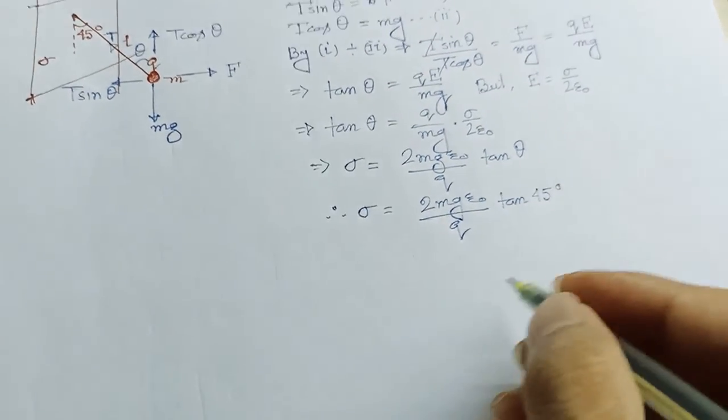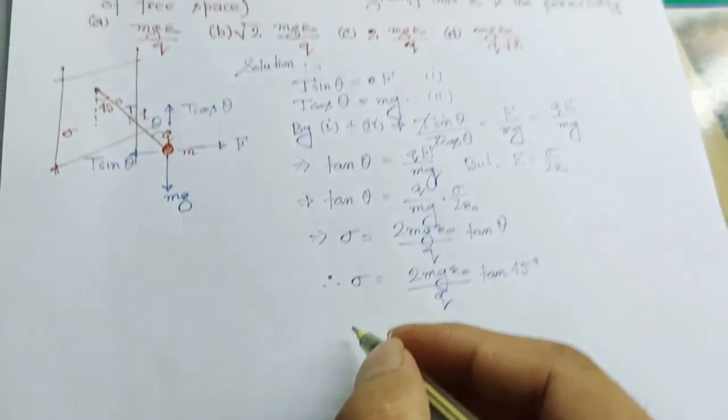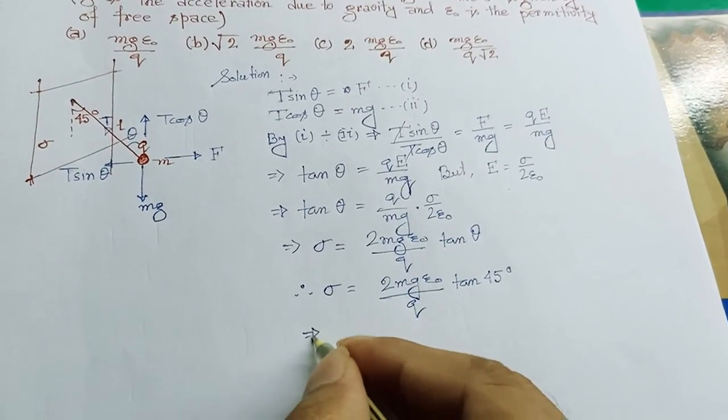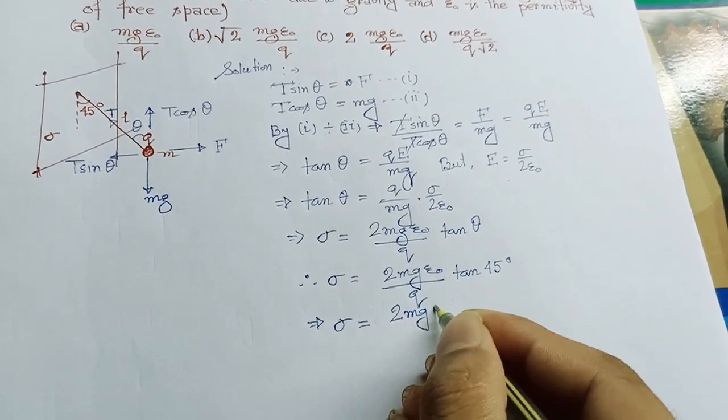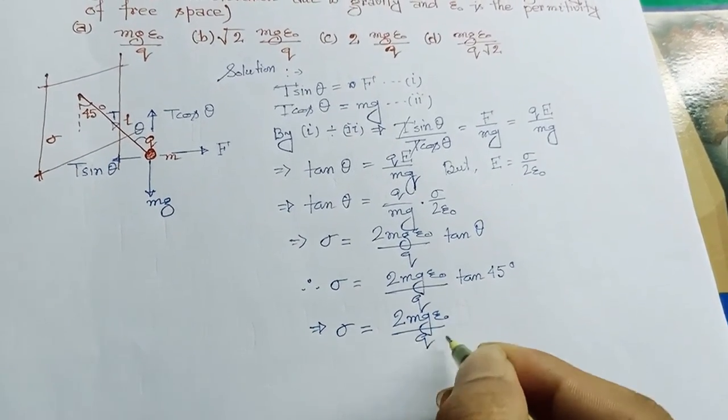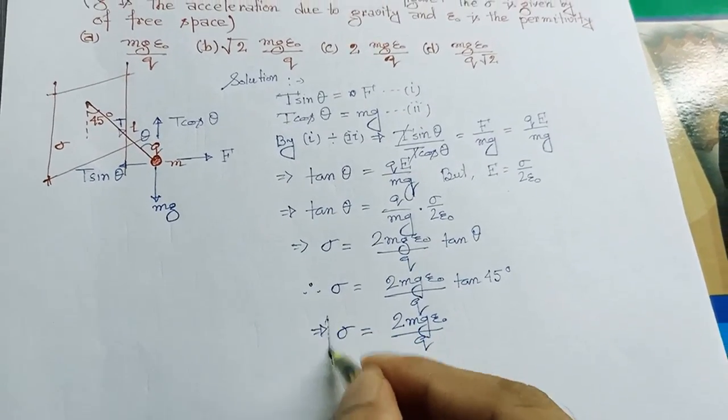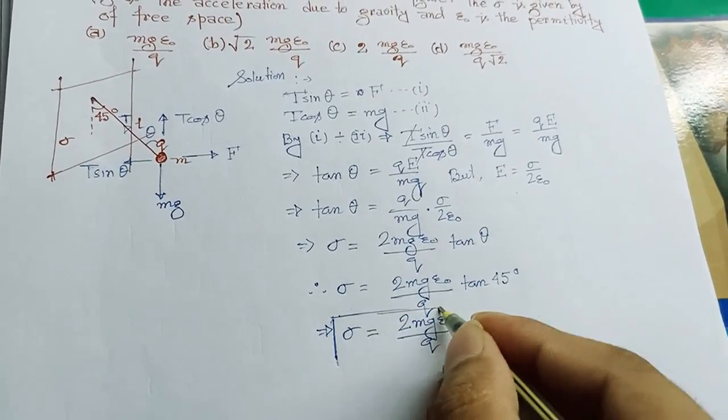Since tan 45 degree is 1, the surface charge density sigma will be equal to 2 mg epsilon naught divided by q into 1. So this is our required value for surface charge density.